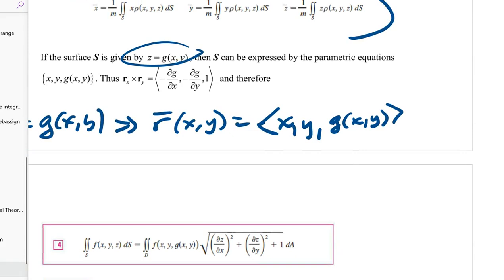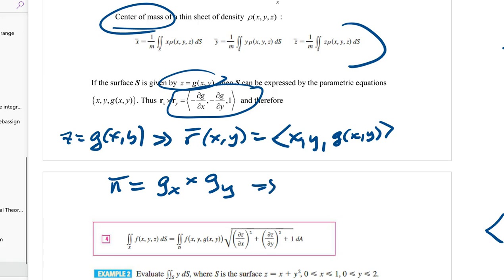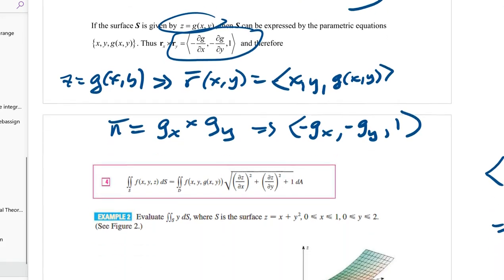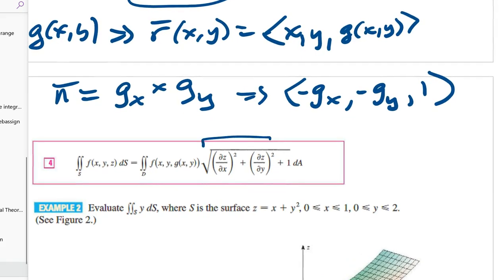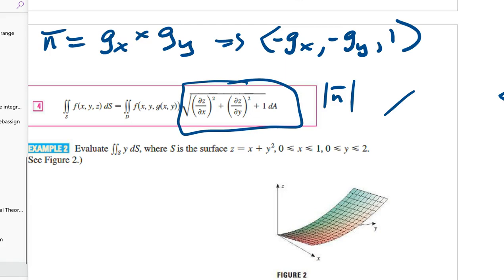So we went over that in the last video. And so your n value, your n, will be g sub x cross g sub y, and you'll get this here. I think I did that in the previous video. It'll be negative g sub x, comma negative g sub y, comma 1. And then the length of n will be the area of a little tangent plane piece that approximates your surface.